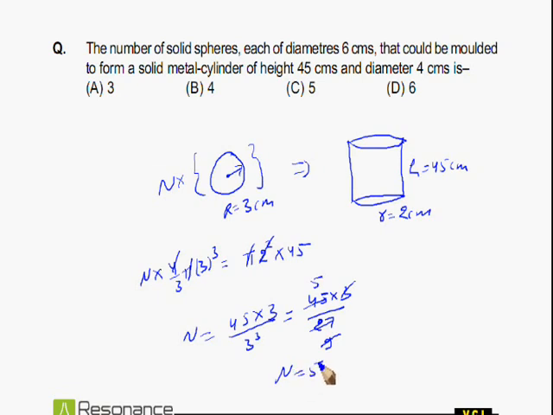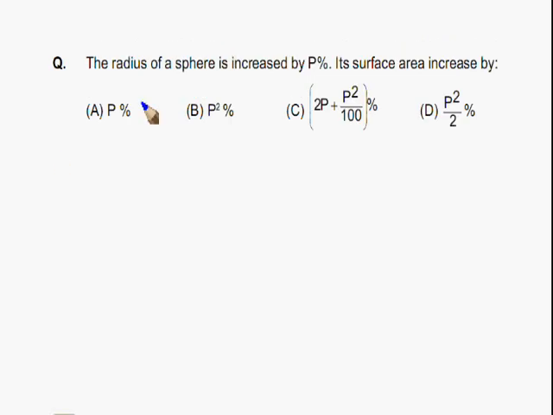Okay, now we move to the question: the radius of a sphere is increased by p%. Its surface area increases by? Now it is given that when we increase the radius of a sphere by p%, what will be the effect on its surface area?